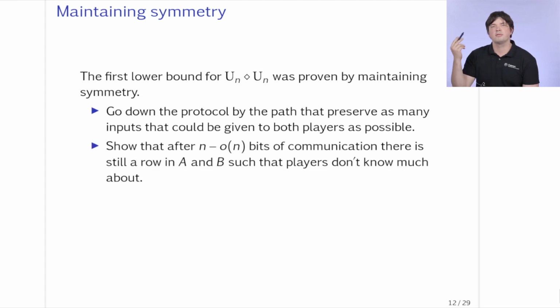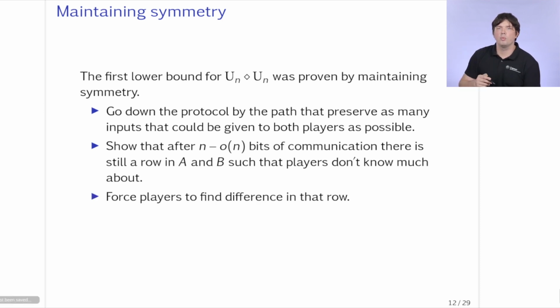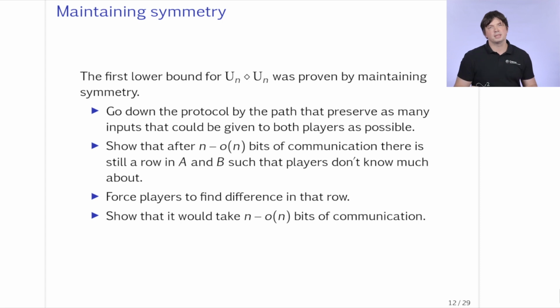And then after n bits of communication, you say, hey, there are still parts of the matrix that we haven't talked about a lot. So we force players to find the difference between those rows, and we show that this still takes roughly n bits of communication. I'm slightly misrepresenting the argument, but that is the philosophy of it.